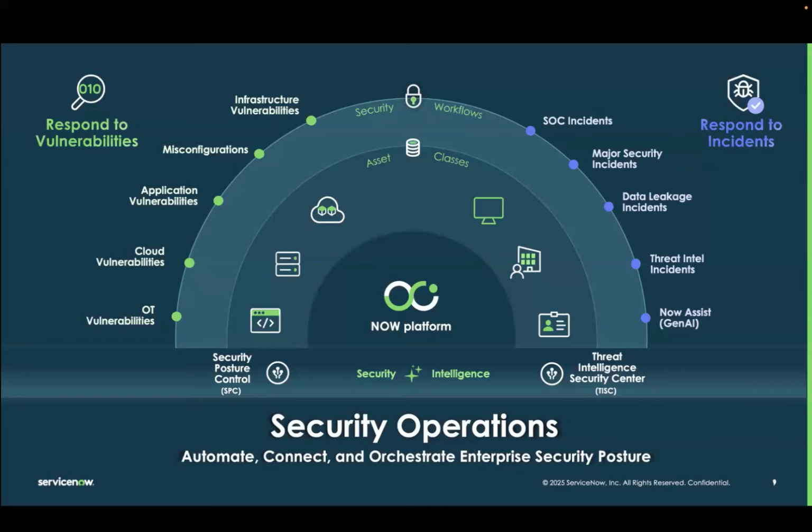So, we have the ability to respond to vulnerabilities across the attack surface. So this is your host and infrastructure vulnerabilities, as well as application, cloud and container, your misconfigurations, operational technology vulnerabilities.